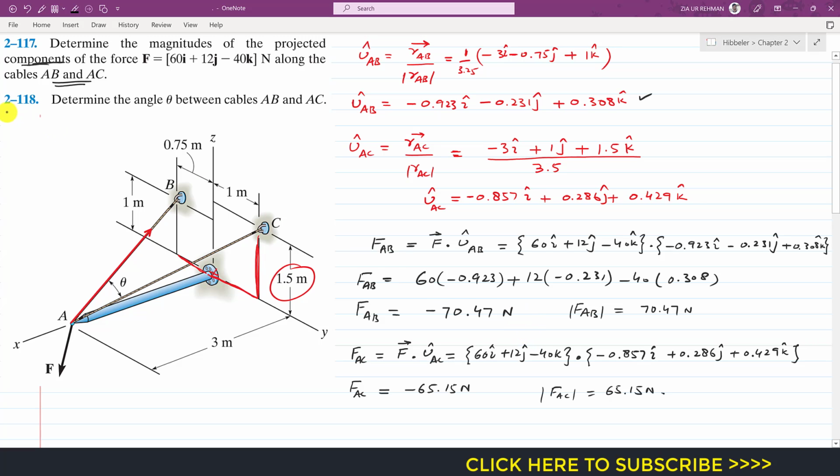Now in the second problem we are required to determine the angle theta between cable AB and cable AC.